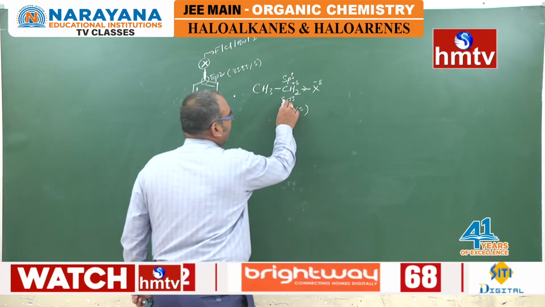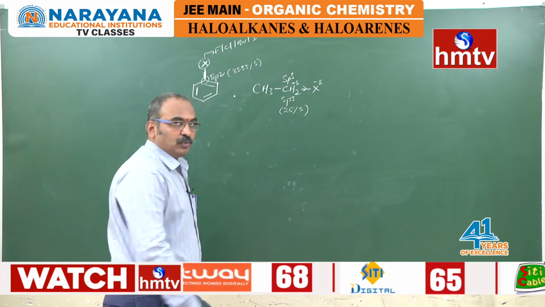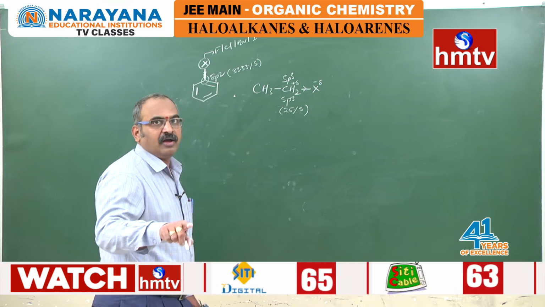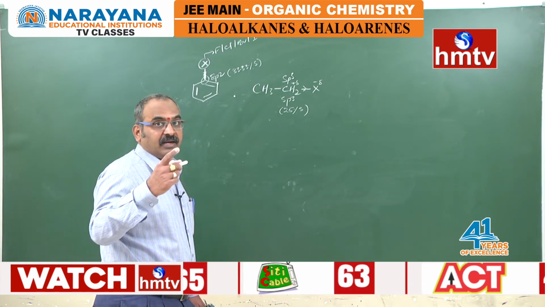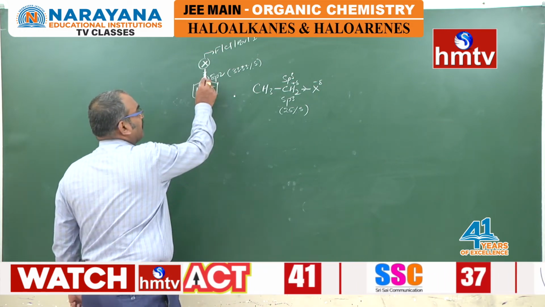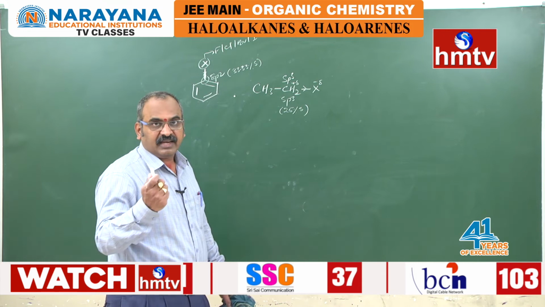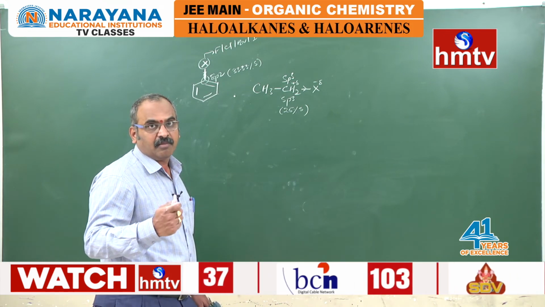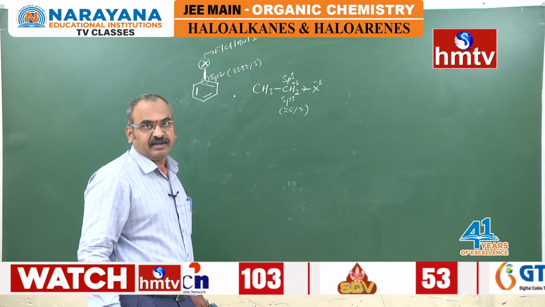In comparison with the sp3 C-X bond, the sp2 C-X bond is stronger because of the double bond character that arises due to resonance. Because of the hybridization of the carbon atom also, the C-X bond is stronger in aryl halides in comparison with alkyl halides.